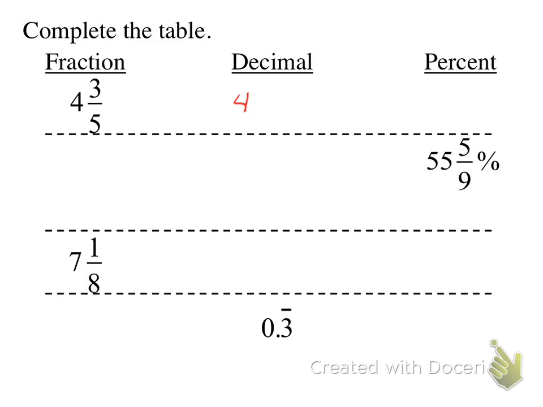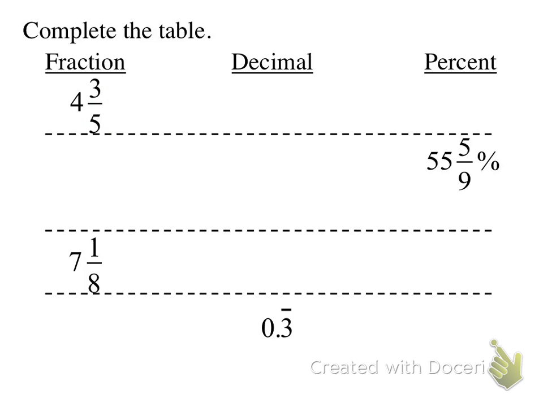So this would be 4, and this part right here converts to 0.6, just that portion. So what percent would that be? Like 2 times. And it would become 460%. Good. So do you understand how we're doing that? You can pause it and try these problems.